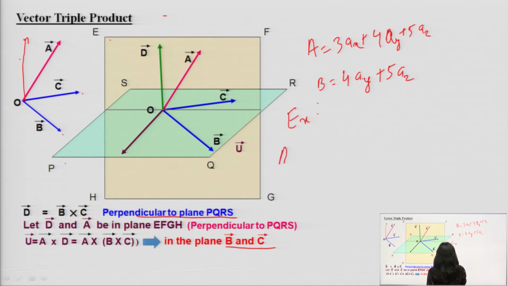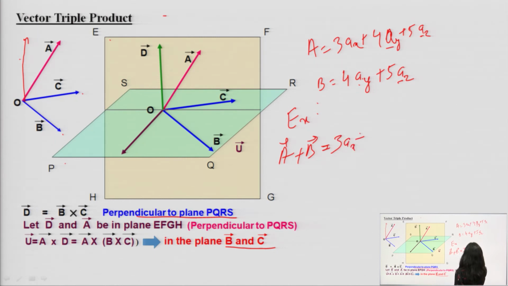Then A plus B will be equal to, see, only the corresponding quantities will add up, meaning ay will add with ay only, az will add with az only. So the answer of A plus B will be 3ax plus 8ay plus 10az.